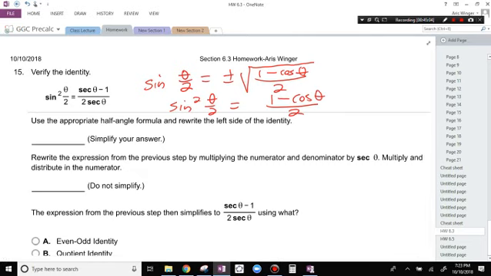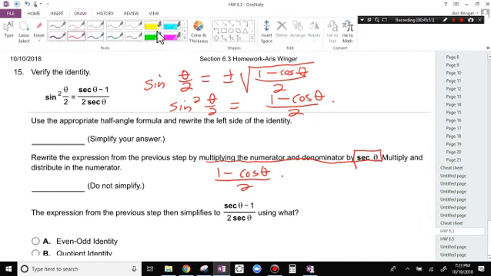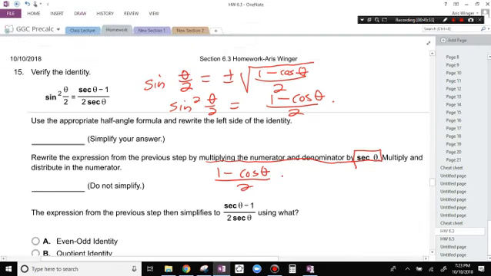Use the appropriate half-angle formula and rewrite the left side. Rewrite the expression from the previous step by multiplying the numerator and denominator by this special thing. So if you do 1 minus cosine theta over 2 and then multiply it by their suggestion, this is what we call math magic.